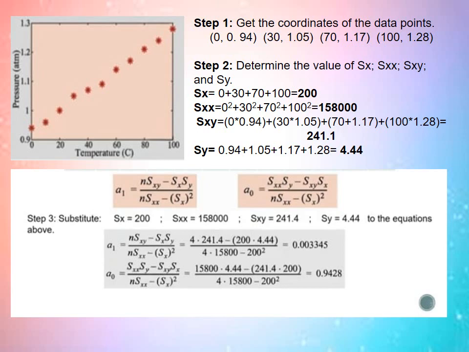Taking those down, we know that 0 is the x and 0.94 is the y, 30 is the x and 1.05 is the y, and so on respectively. These coordinates should be in partnership for us to get the best fit curve.